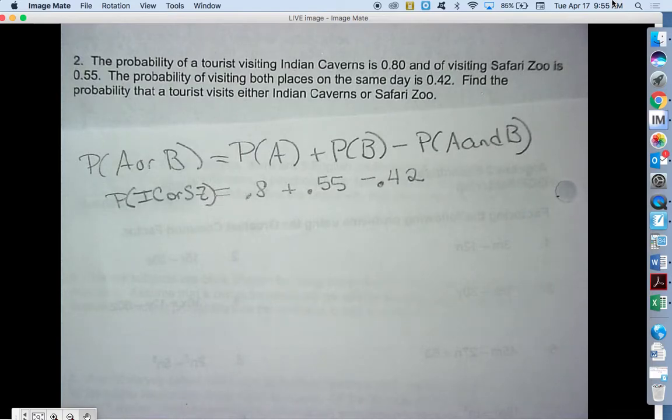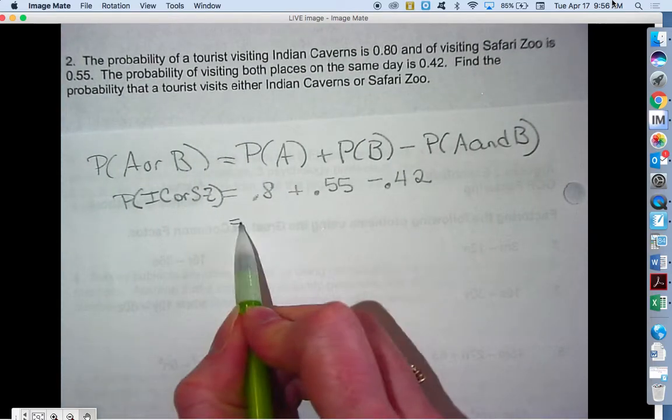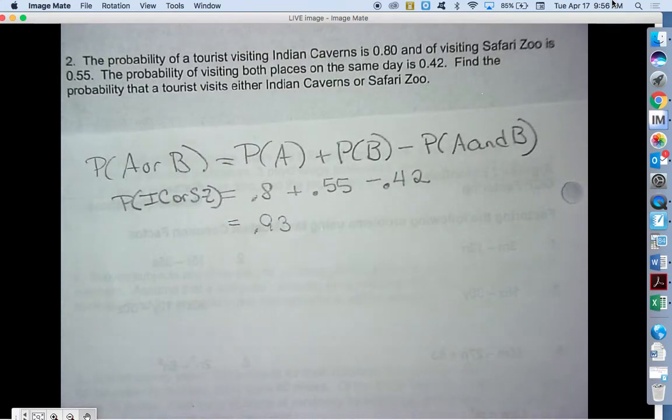Instead, they're just telling us what the probability is as a decimal. And Aaron, if we add the two together and then subtract 0.42, you get 0.93. So probability can be written as a fraction, but it also can be in decimal form. It could be in percentage form as well. So the probability that tourists visit either the Indian Caverns or the Safari Zoo would be 0.93.